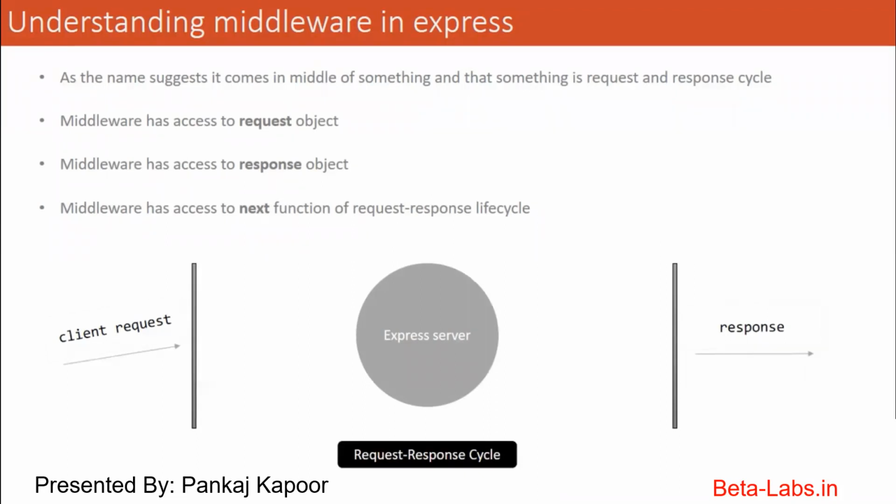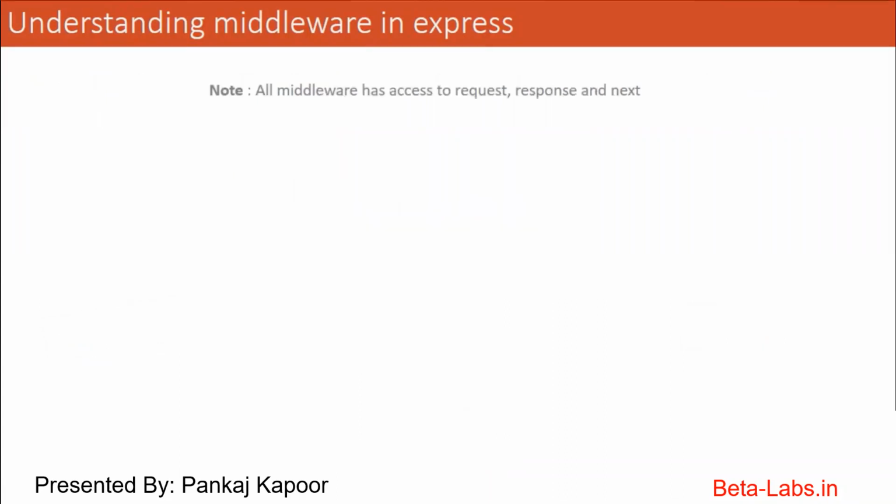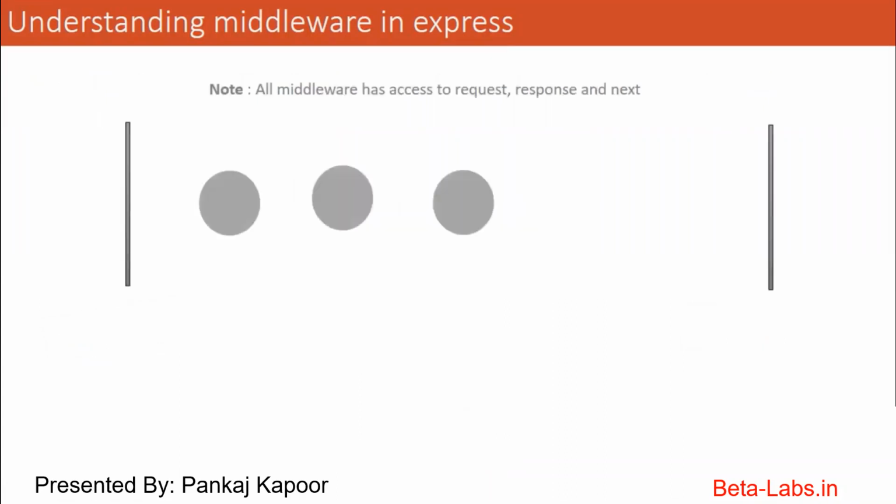Now, Express has to handle the client request. Express can handle the request, but it is divided into multiple chunks, and these chunks are called middlewares. So middlewares are just functions, and a middleware can call the next middleware using the next function.